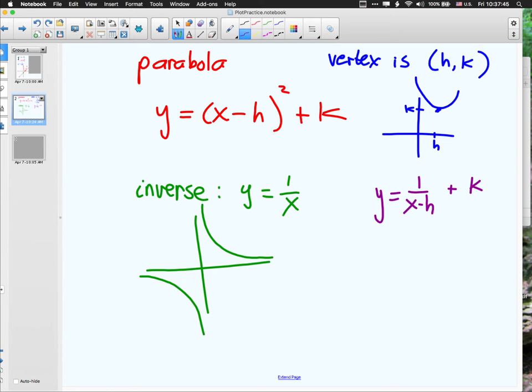We don't know what h or k is, but I could define it like, here's h, here's k. You might think about drawing in a set of axes that go through h comma k. This is the center of this thing, just like the origin is the center of y equals 1 over x.